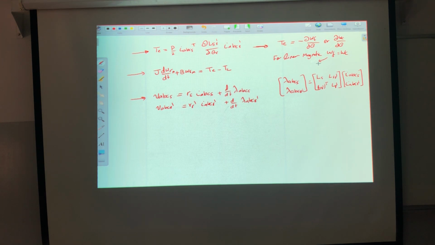The second one is the co-energy. It has no physical meaning, but it has very fruitful information, since I can use it to calculate the torque. Why? Because in general, most of the expressions are expressed in terms of the current, not in terms of the flux. If I need to use the first one, I must say lambda is constant, and for this one, i is constant. And last time we discussed that lambda constant or current constant is not a physical requirement. It's a mathematical requirement in order to do the chain rule differentiation.